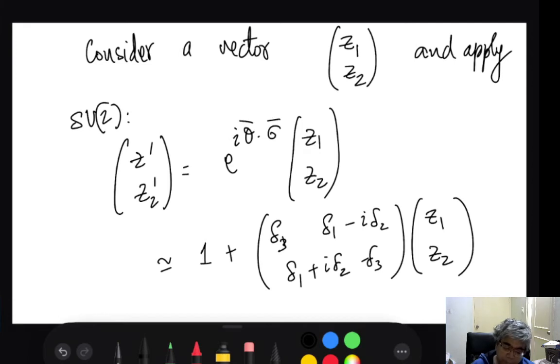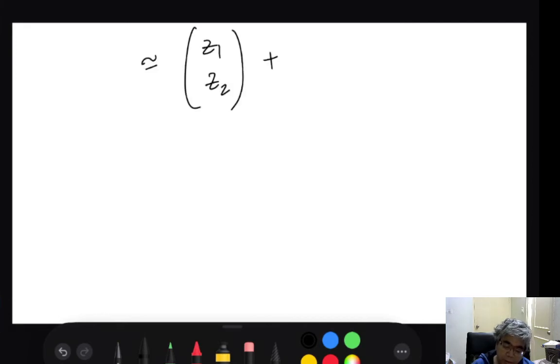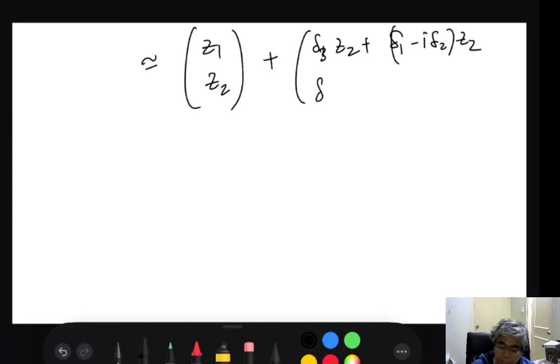This is equal to Z1, Z2, which won't modify anything, plus the first transformation, delta 3 times Z1, plus delta 1 times Z2, and delta 1 minus i delta 2 times Z2, and so on. So this is the transformation it does.